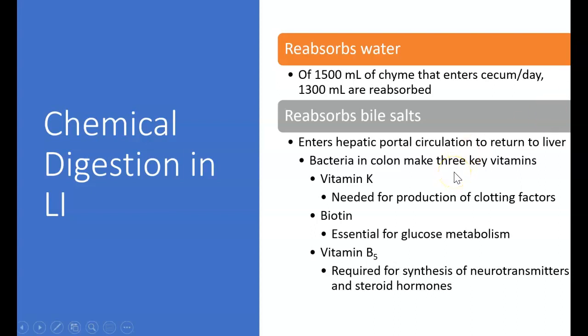Bacteria in the colon is going to make 3 key vitamins: vitamin K, which we need to help our blood clot, biotin, which helps us break down glucose, and vitamin B5, which is required to make several of our neurotransmitters and some of our steroid hormones. So very, very important in terms of vitamin production.